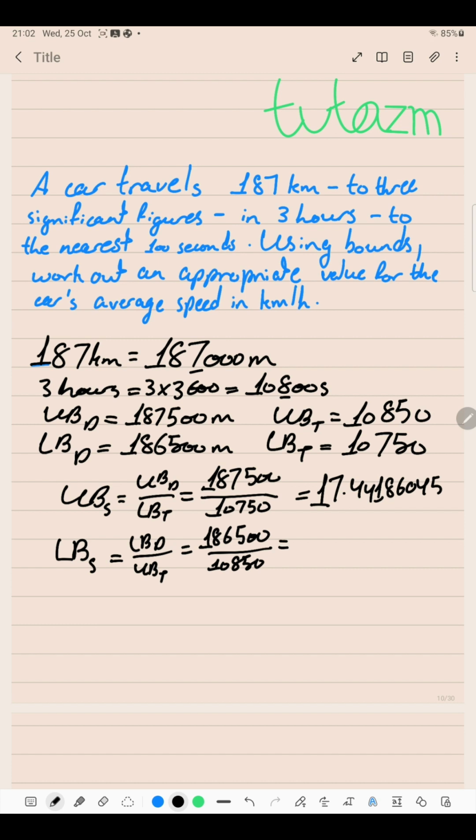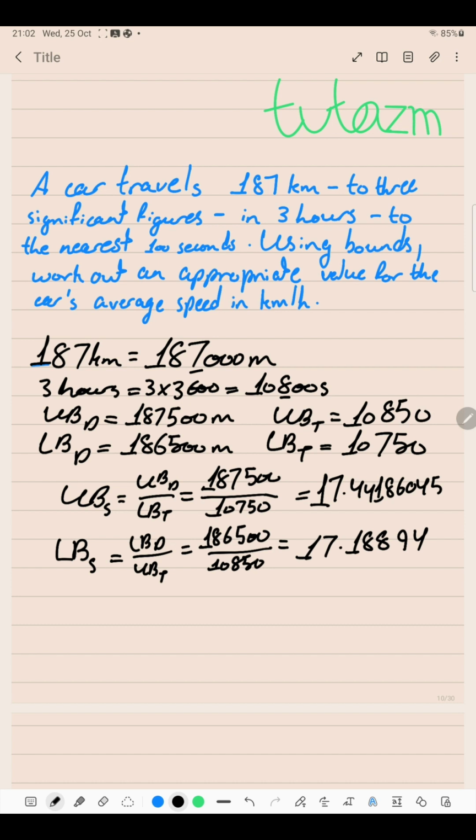If we put that into our calculators, we get an answer of 17.18894.